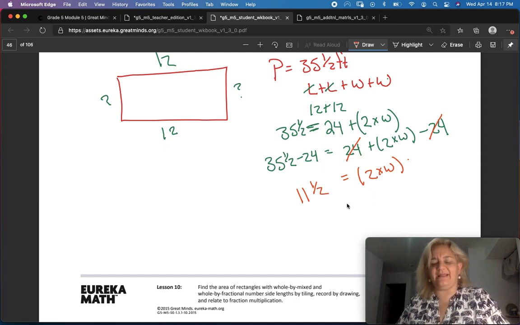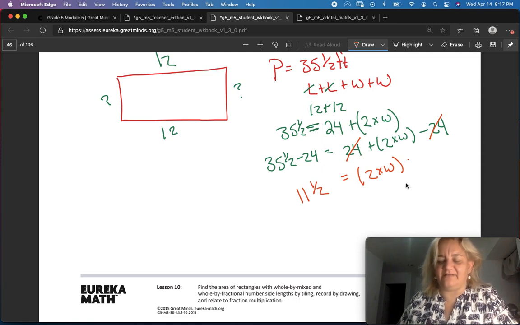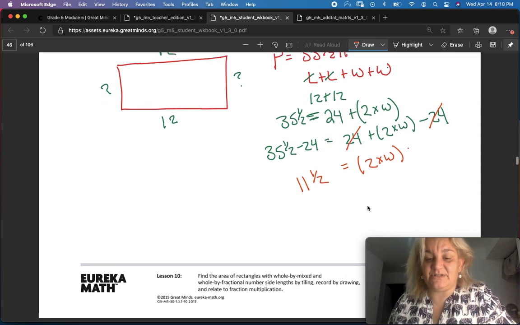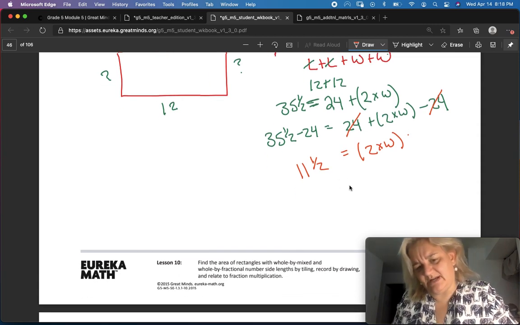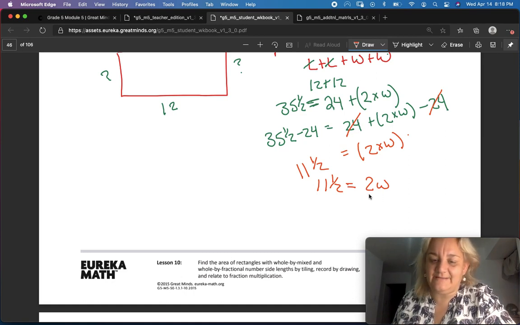Okay, all right, now we're getting somewhere. So I know that my width plus my width equal 11 and a half because that's all I have left. Now, I'm going to show you a really cool trick, and I'm going to try and straighten out my numbers. Holy cow. Okay, 2 times W. What happens if I divide the right side by 2 and the left side by 2?